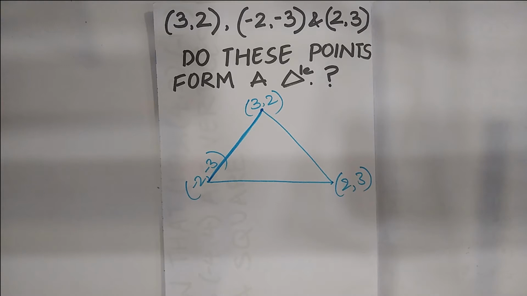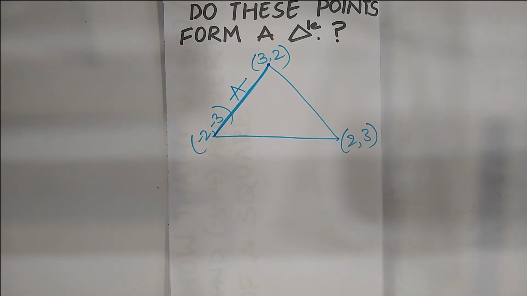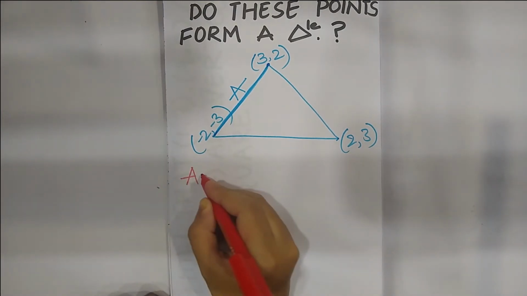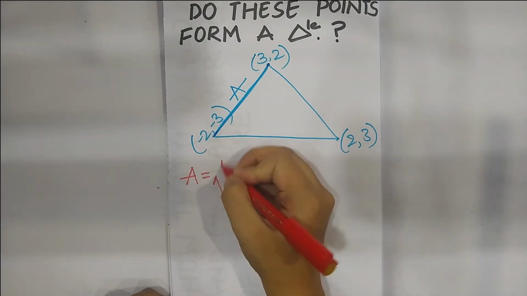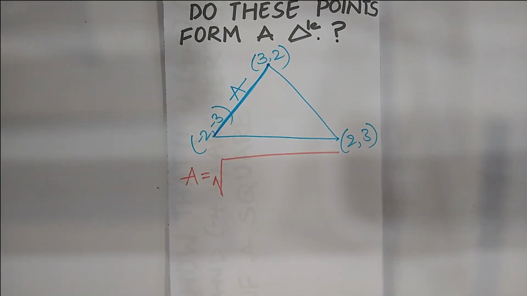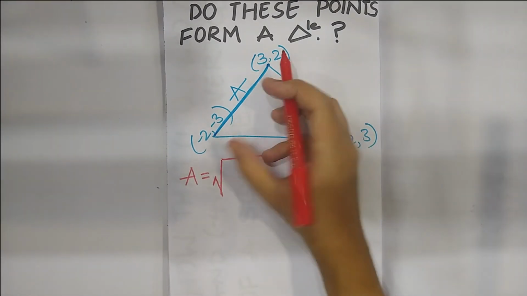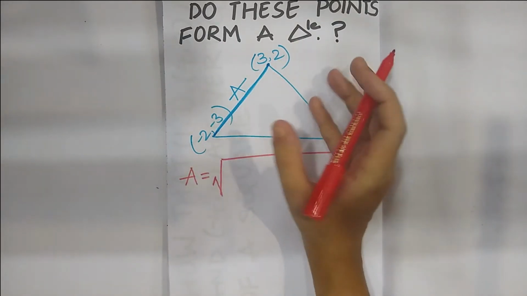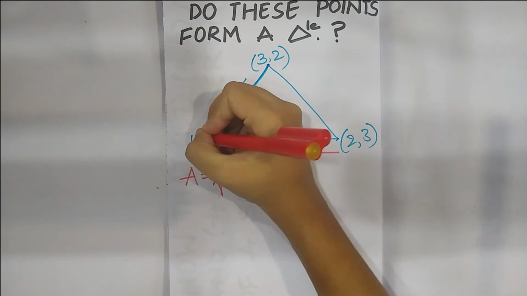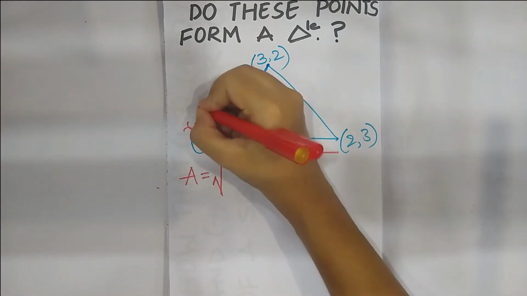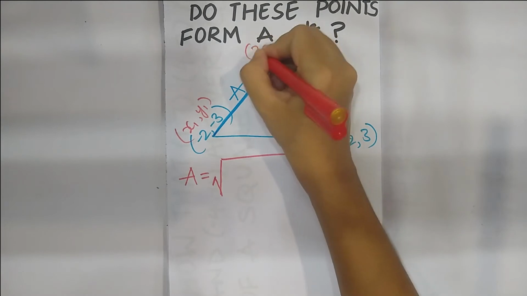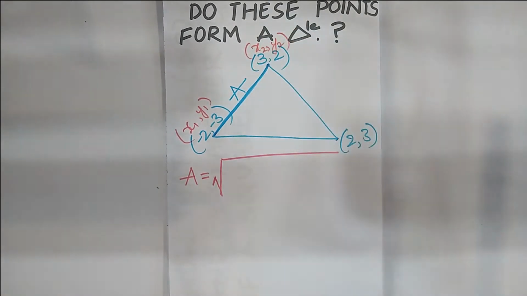For now, let us give it the name A. So let us find the distance of the side A. So A will be equal to square root of, what is the distance formula? x2 minus x1 the whole square first, right? Here you can choose either of the coordinates as x1, y1 or x2, y2. Let me just choose this as x1, y1 and this as x2, y2, just for convenience sake.